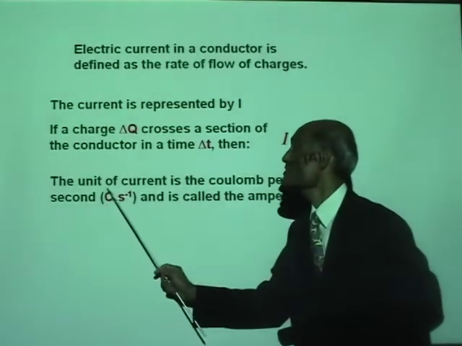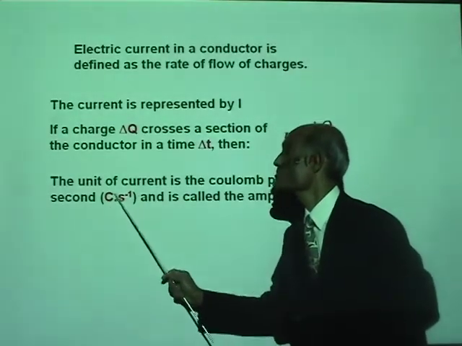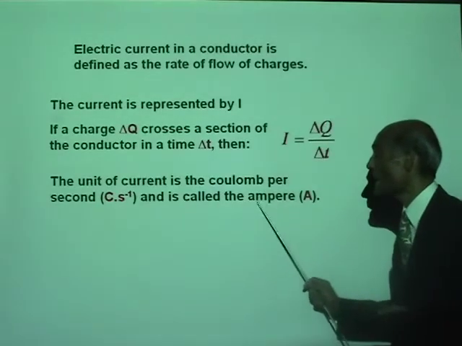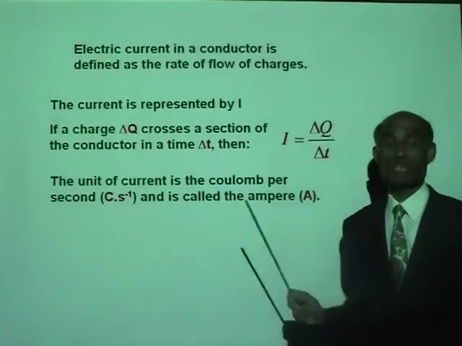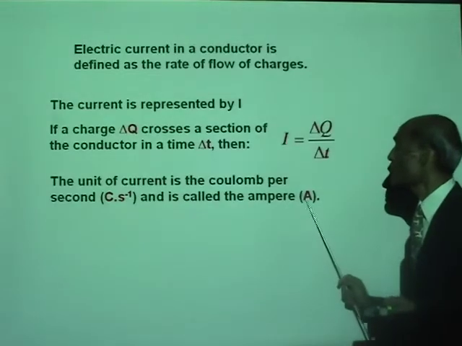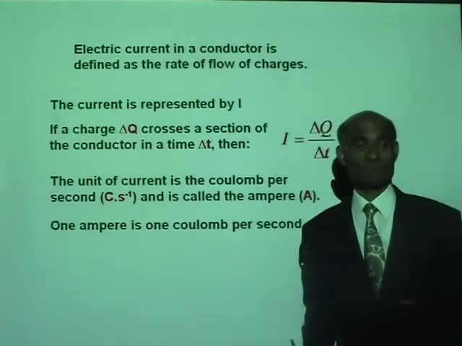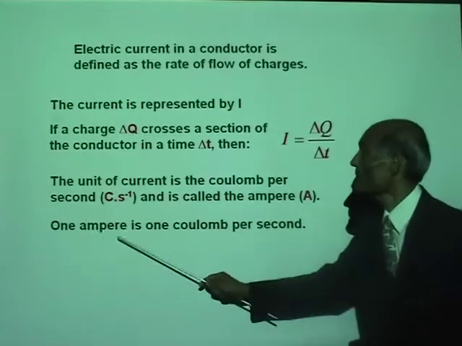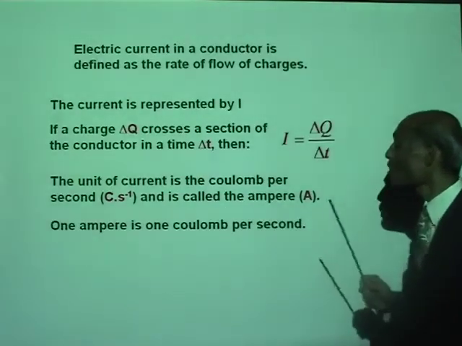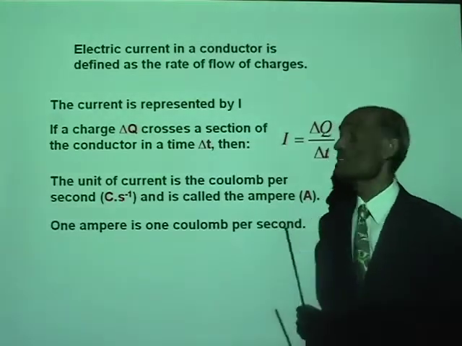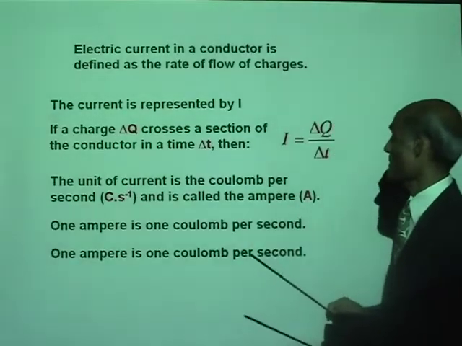So current is measured in the unit coulombs per second, and it is called the ampere. The unit of current is the ampere, and we will represent it by uppercase A. Now, an ampere is 1 coulomb per second. 1 coulomb per second is 1 ampere.